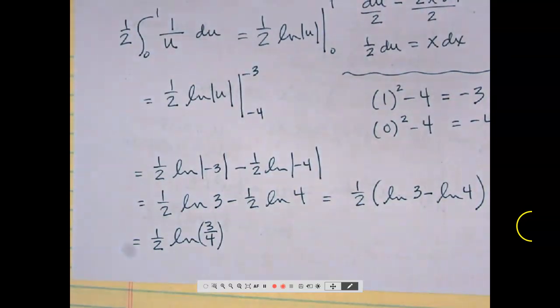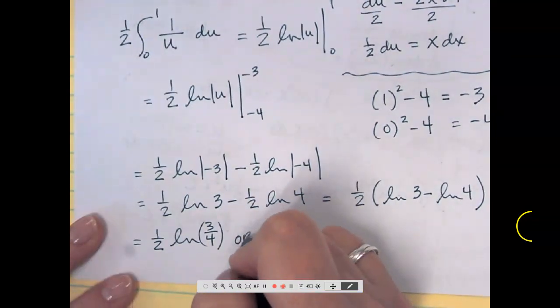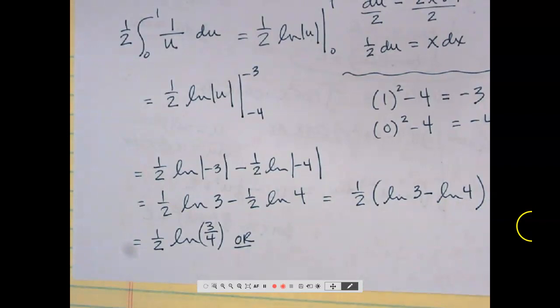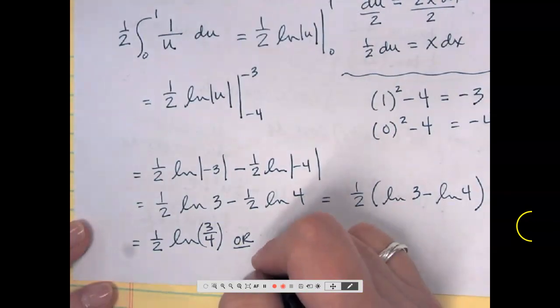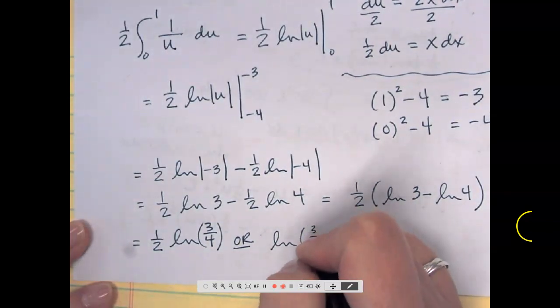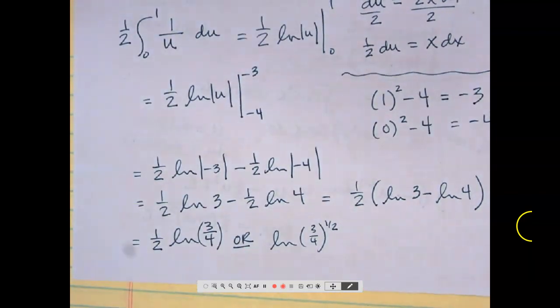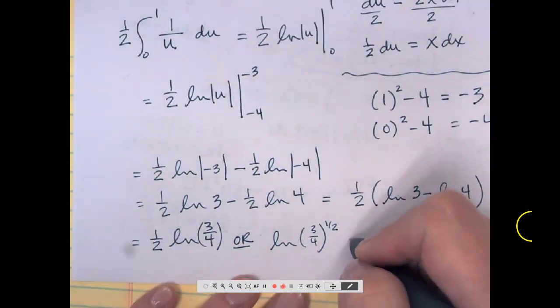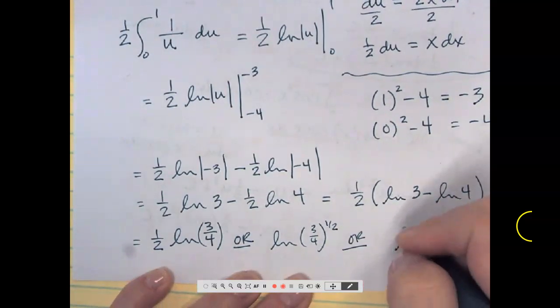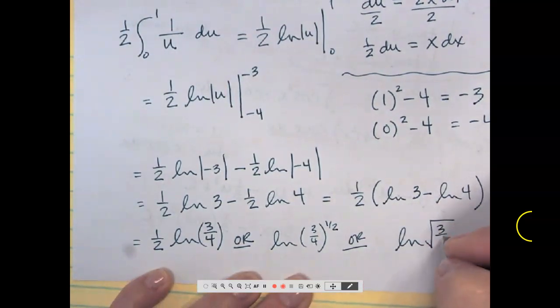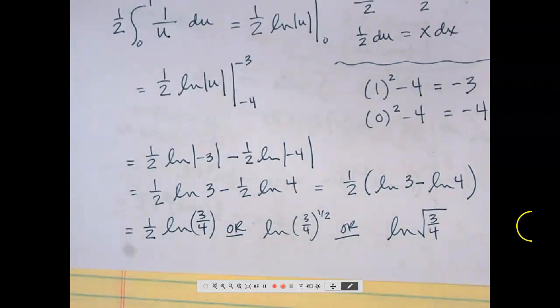Oh, I could actually do something else. When you have a coefficient in front of a log, we can also bring it up as an exponent. And something raised to the 1/2 means a square root. Any one of those are equal.